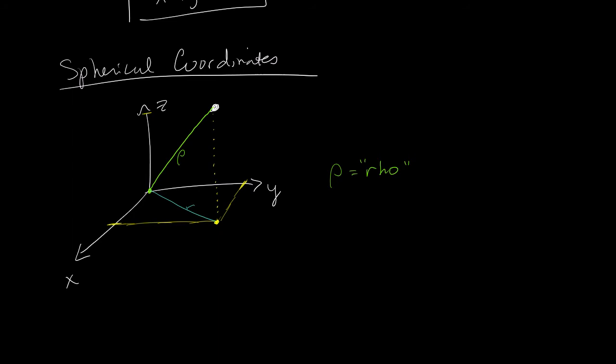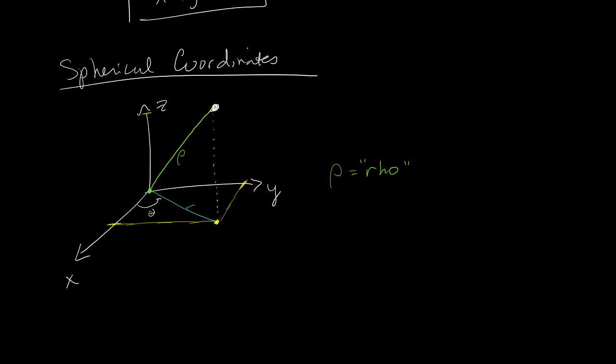Then we've got a couple of different angles that we're dealing with. The first angle is still theta. Theta has not changed. And theta is still going to be the angle that the image of our point creates in the xy plane with the positive x-axis. So that is still going to be our theta, same theta. Now we have something different though.